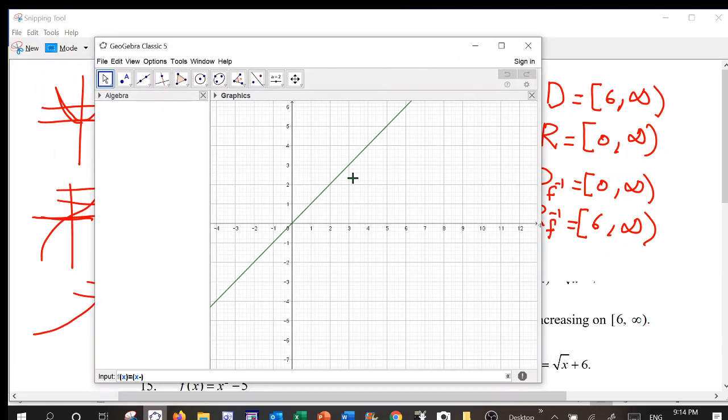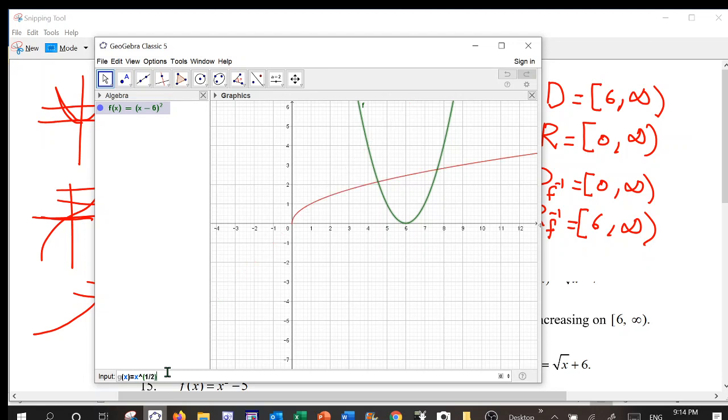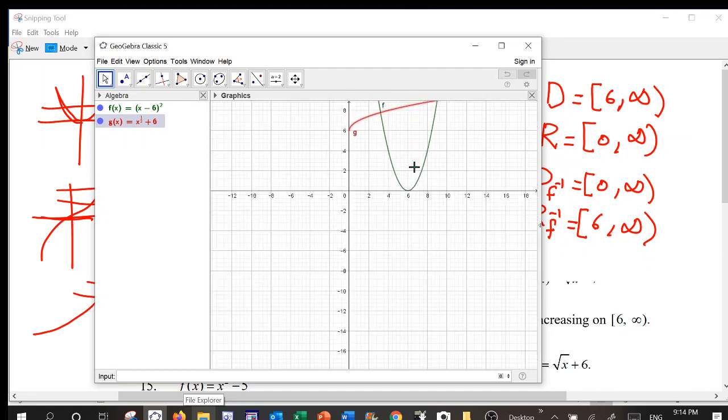So x minus 6 squared, right? And then I want another graph to be the other one, so I'm just going to call it g of x, right? And that was the square root of x, which is x to the power of 1/2 and then plus 6.